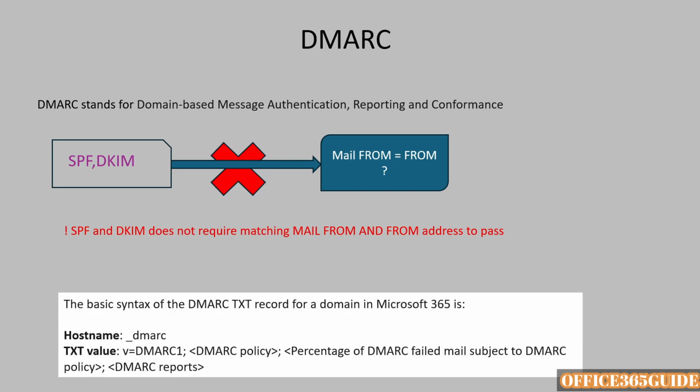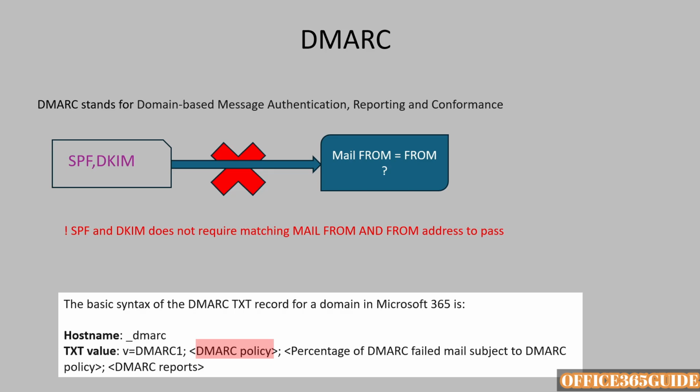The host name will always be _dmarc, and in the TXT value, v=DMARC1 is telling that this is a DMARC record. Next is the DMARC policy. The DMARC policy defines what to do when the DMARC check fails. So what should the recipient server do? You have three options: none, reject, and quarantine.